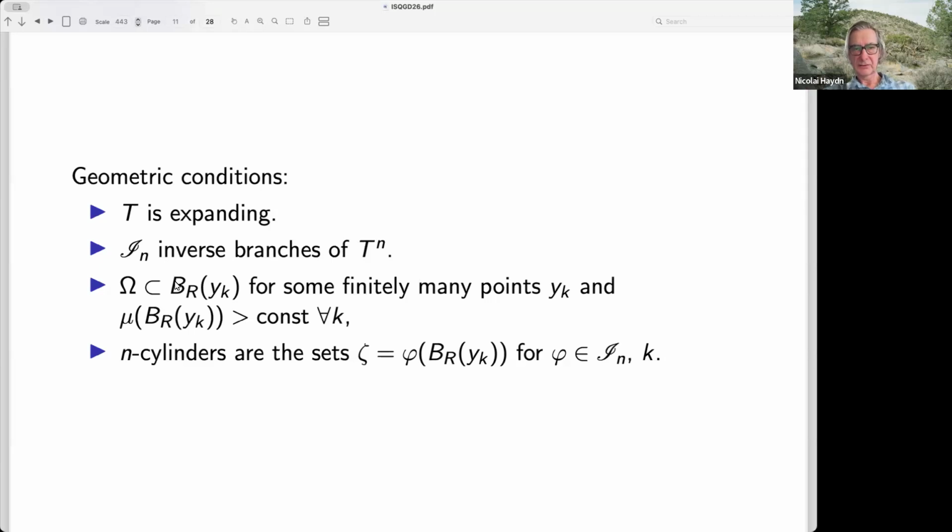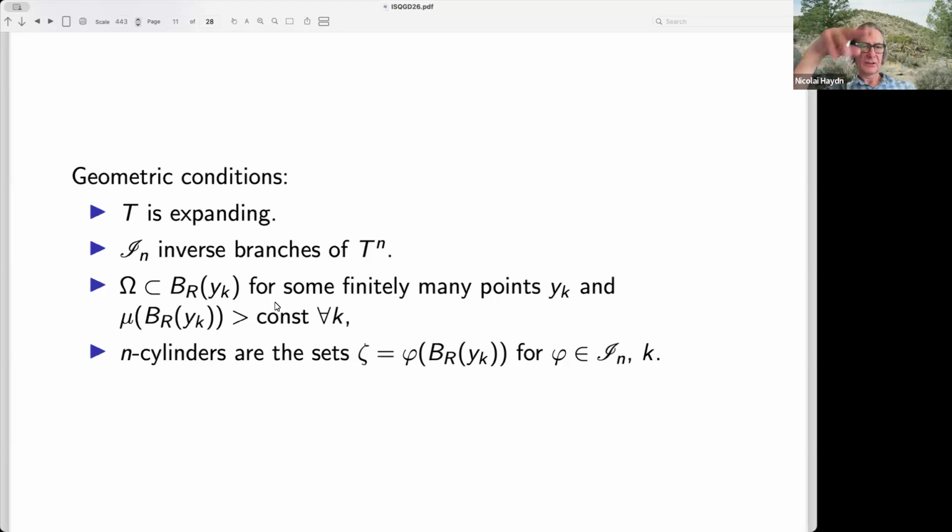The reason for that is so that these measures are uniformly bounded from below. Again, interval maps have it immediately satisfied. Markov measures, and anything Markov, immediately satisfy this condition. And here's some lingo: an n-cylinder in that setting is simply a pullback of one of these balls on which an inverse branch is well defined.